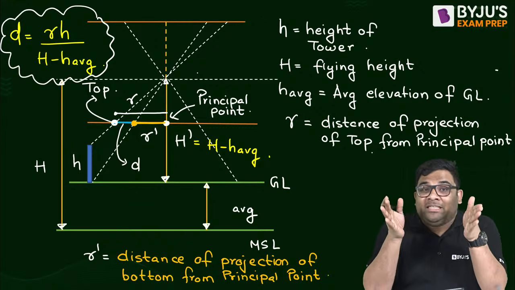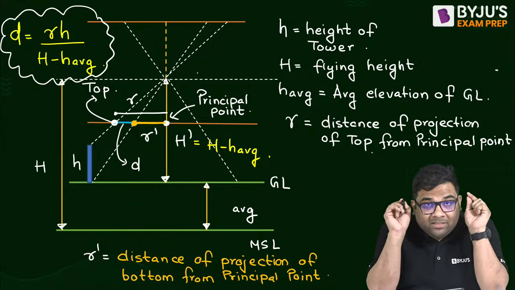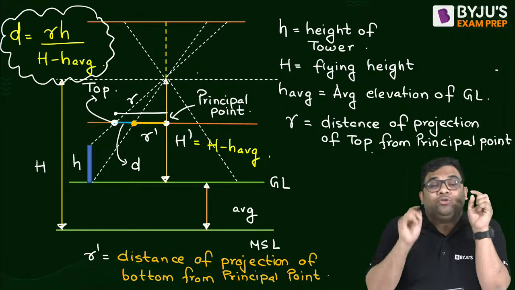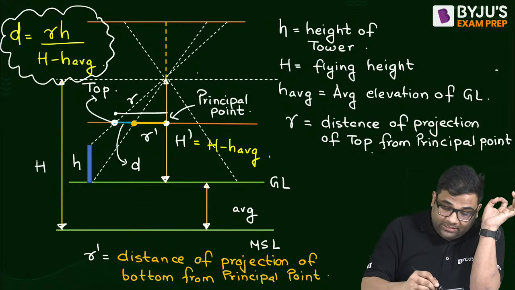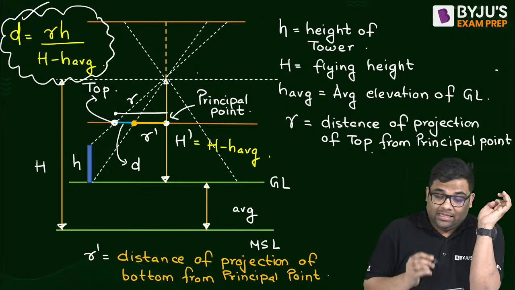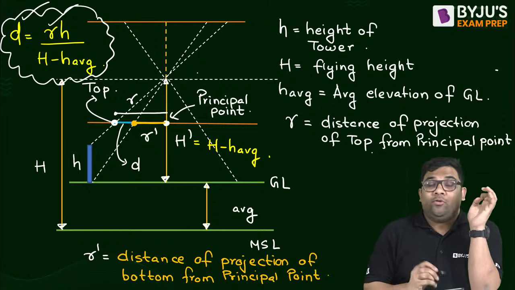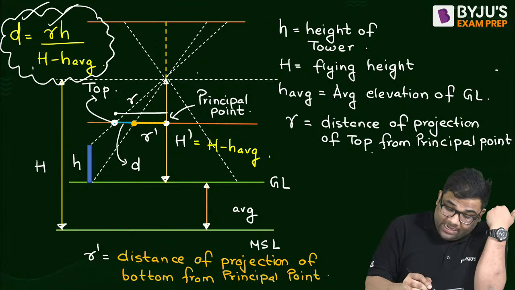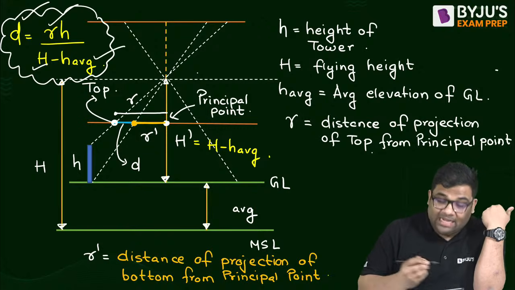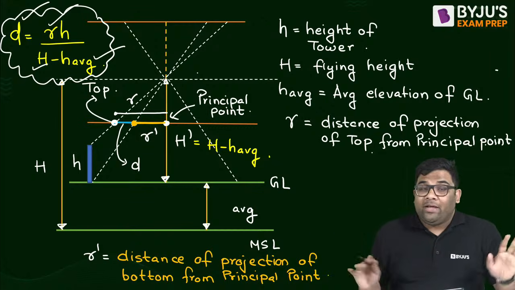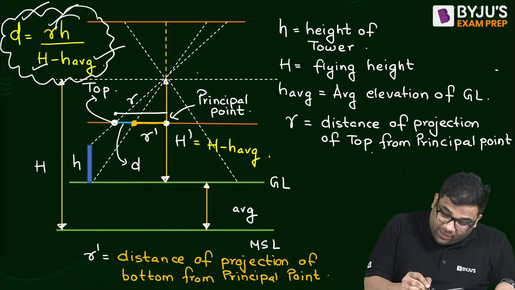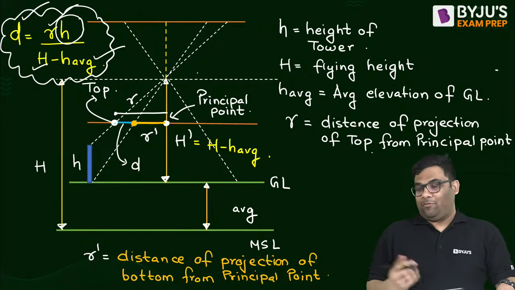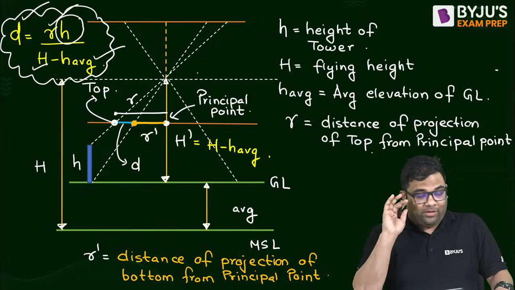In the picture, you can measure the relief displacement, and R you can also find from the picture. The flying height you will know, the average elevation of the ground level you will also know, and you can find the height of the tower. So this is all about relief displacement.